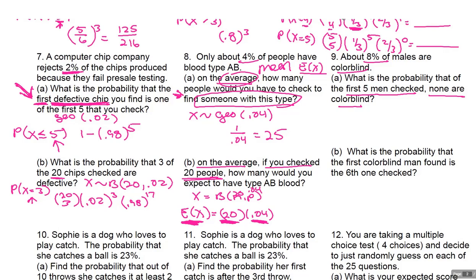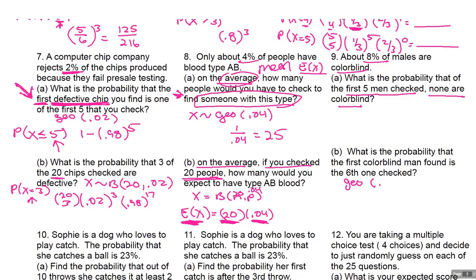Take a look at B now. What is the probability that the first colorblind man found is the 6th one checked? What's the distribution for B? It will be geometric.